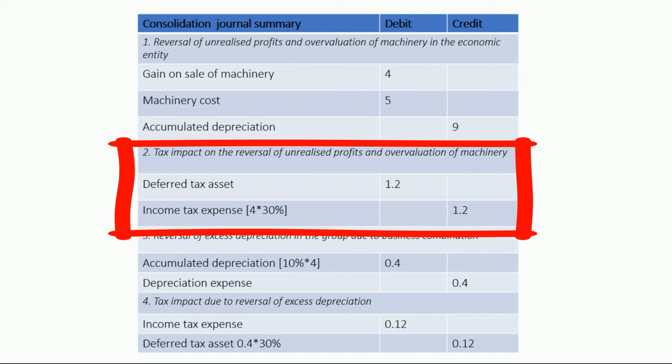When there is less future cash inflows, there will be saving on future taxes, and 4 into 30% becomes a deferred tax asset 1.2. So the taxation impact of the unrealized gain and overvaluation is a debit deferred tax asset and credit income tax expense of 1.2 million each.